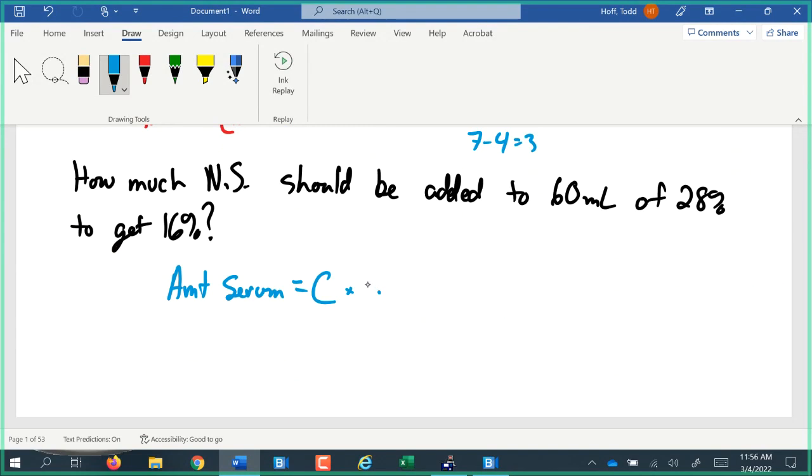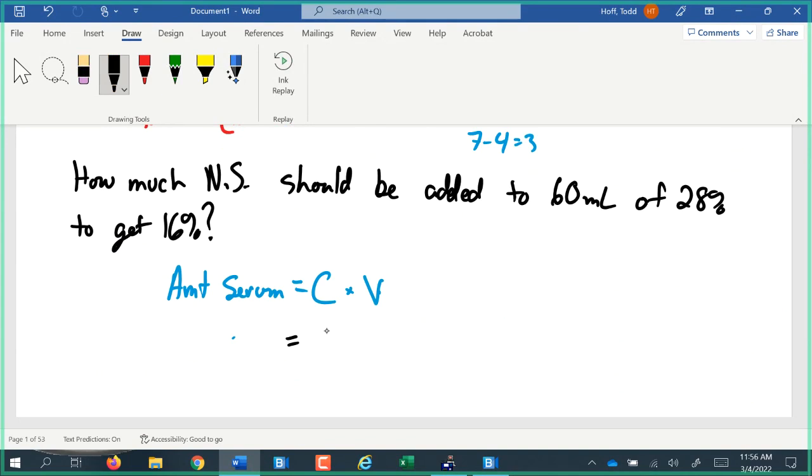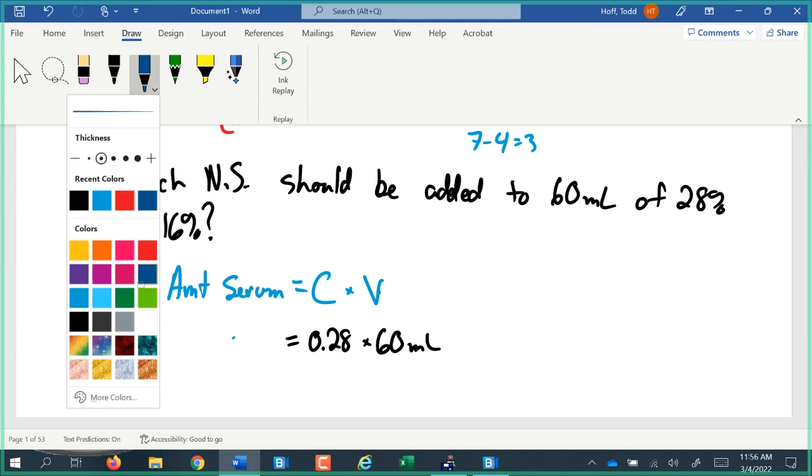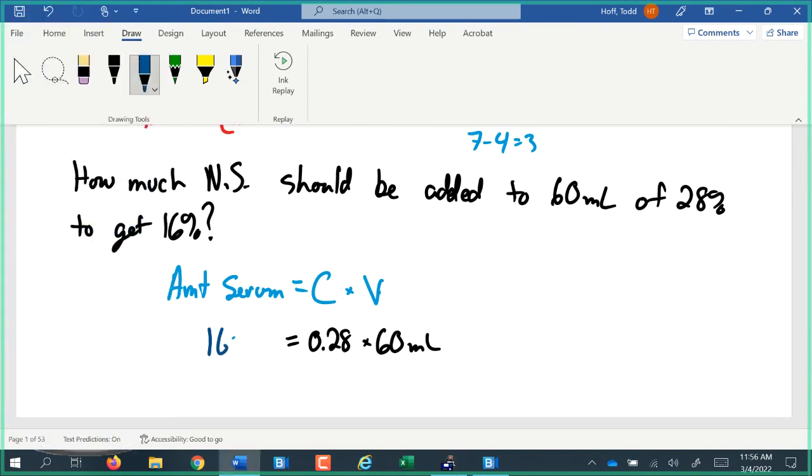I'll just put concentration times total volume, so C times V. So here that was 28%, 0.28 times 60 milliliters. And so 0.28 times 60 is 16.8 milliliters of whatever the serum is here.